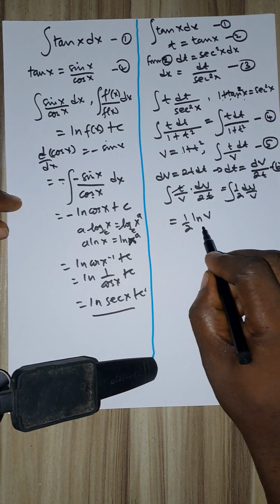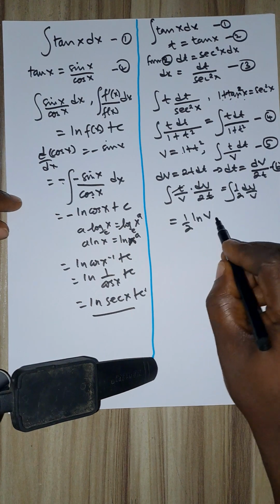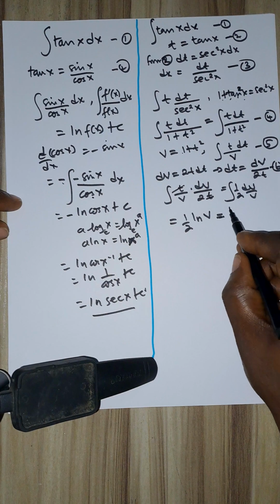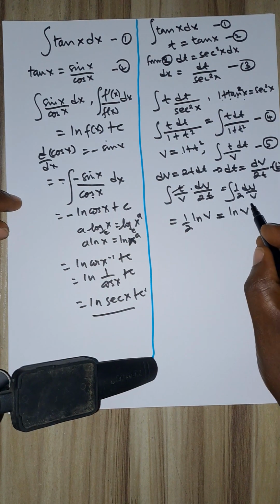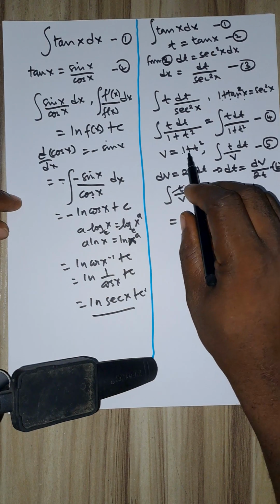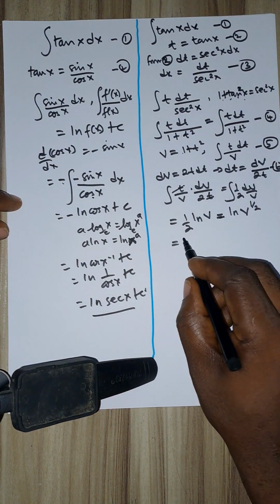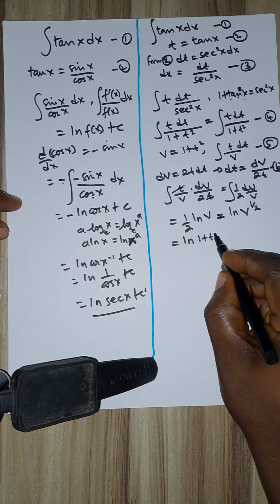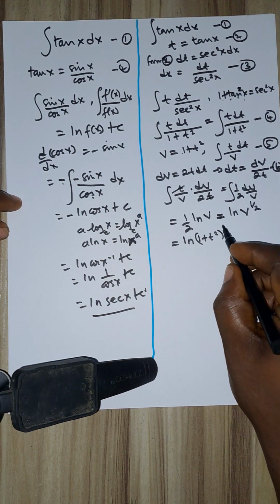Now, in logarithms, we can move the half into the power, having the natural logarithm of v to the power of half. But what is v? v is 1 plus t squared. So you have the natural logarithm of 1 plus t squared to the power of 1 over 2.